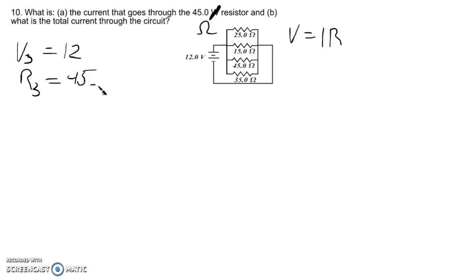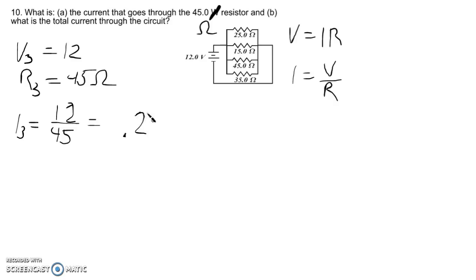And so, we're going for current, so I equals, now we divide both sides by resistance, and we get I equals V over R. So then we say the current for the third resistor is 12 over 45, and we get, let's see, around 0.267 amps.